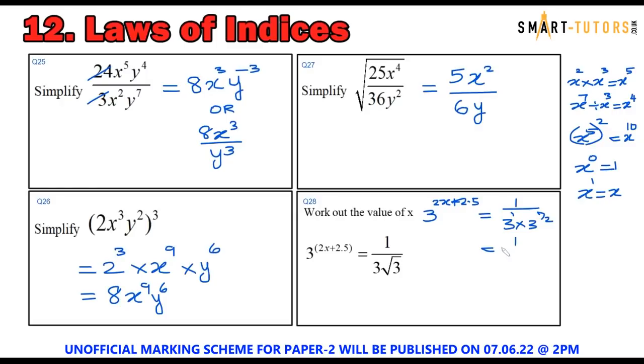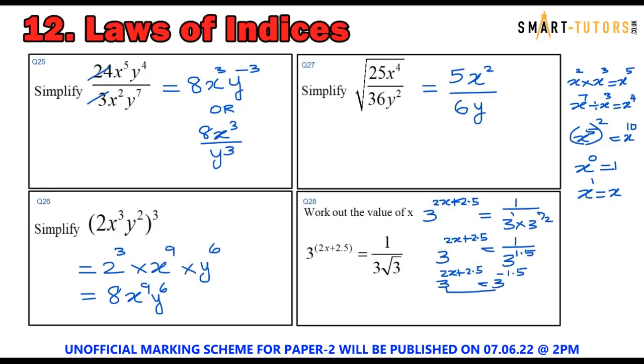So that is 1 over 3 to the power 1 plus 0.5, 1.5. So 3 to the power 2x plus 2.5 equals 3 to the power 1.5 going up is minus 1.5.